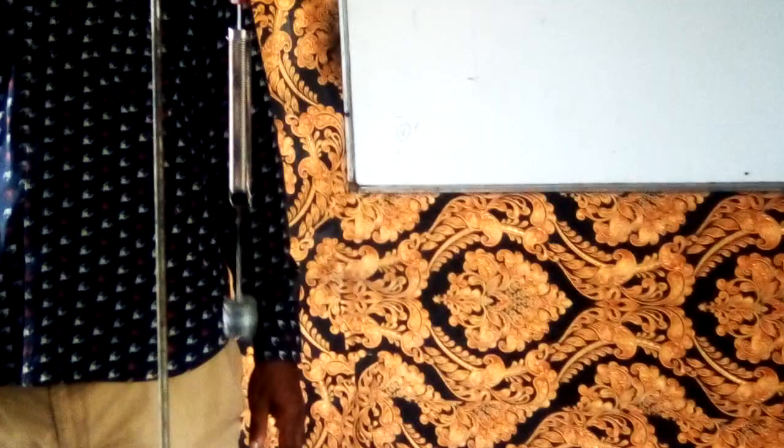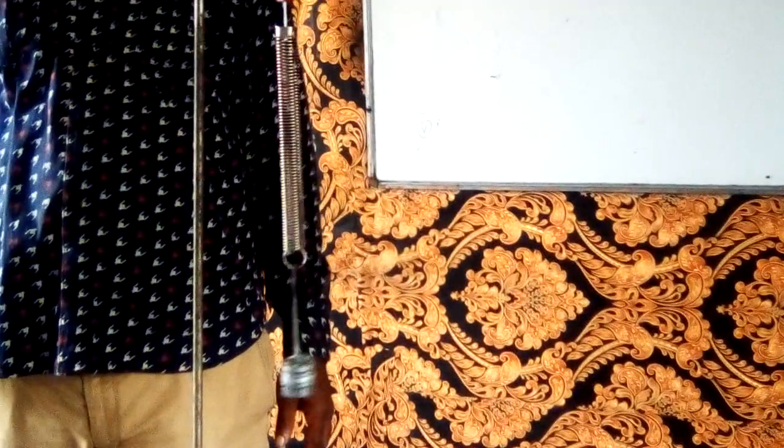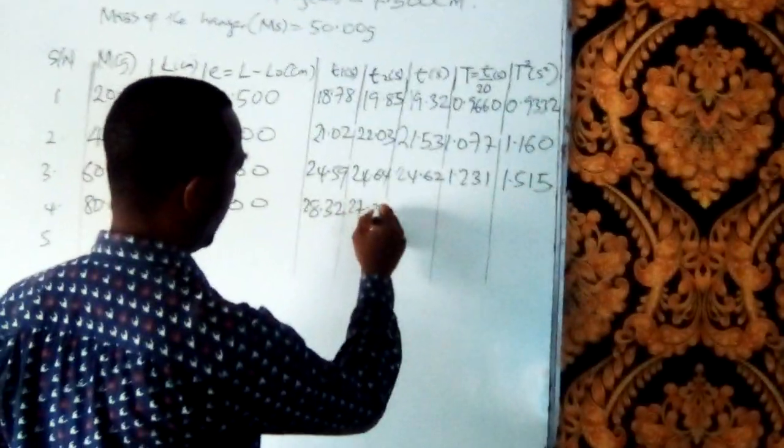About to start. 1, 2, ready, go. 1, 2, 3, 4, 5, 6, 7, 8, 9, 10, 11, 12, 13, 14, 15, 16, 17, 18, 19, and then 20. Now 27.34. So please help me find the average of this time.